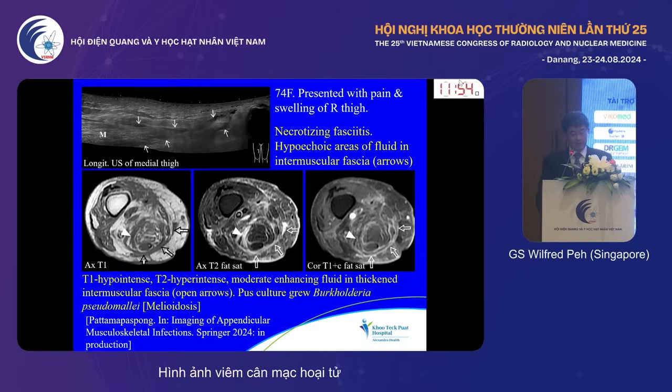The series of axial images at the bottom are MR images: T1, T2 with fat set in the middle, and on the right, post-contrast T1 with fat set. The open arrows point to fluid in the intermuscular fascia, so you can see it's between the muscle groups. And there is some enhancement on the right image, which is the post-contrast image.